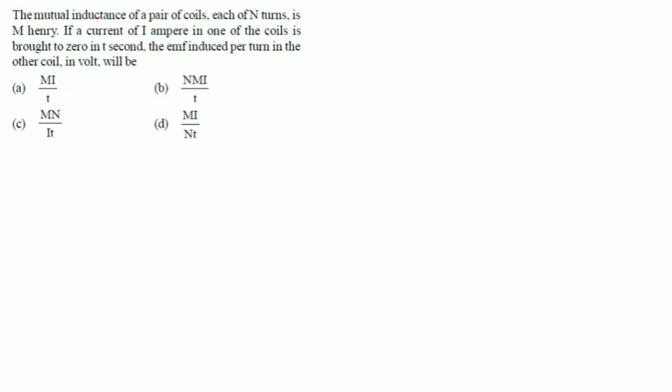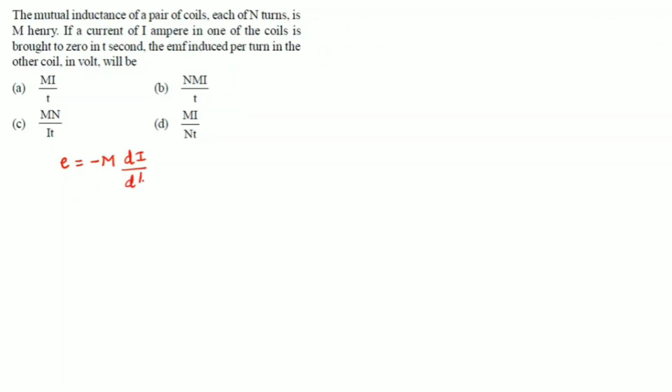The mutual inductance of a pair of coils, each of n turns, is M Henry. If a current of 5 ampere in one of the coils is brought to 0 in t seconds, then the EMF induced per turn in the other coil in volt will be. See here, mutual inductance means generally we have the equation E equal to minus M into di by dt.